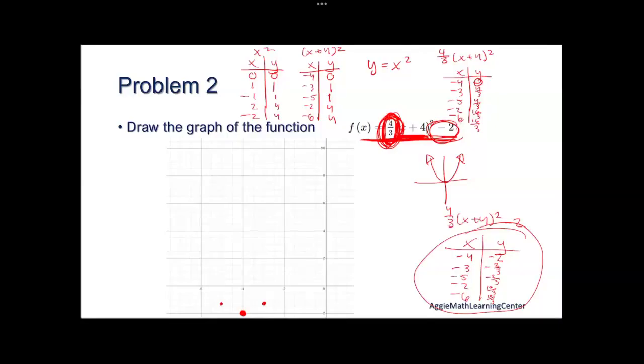Then we have negative 2 and 10/3, which is like 3 1/3. So negative 2, 3 1/3 is like right here. And then negative 6, 3 1/3 is like right here.